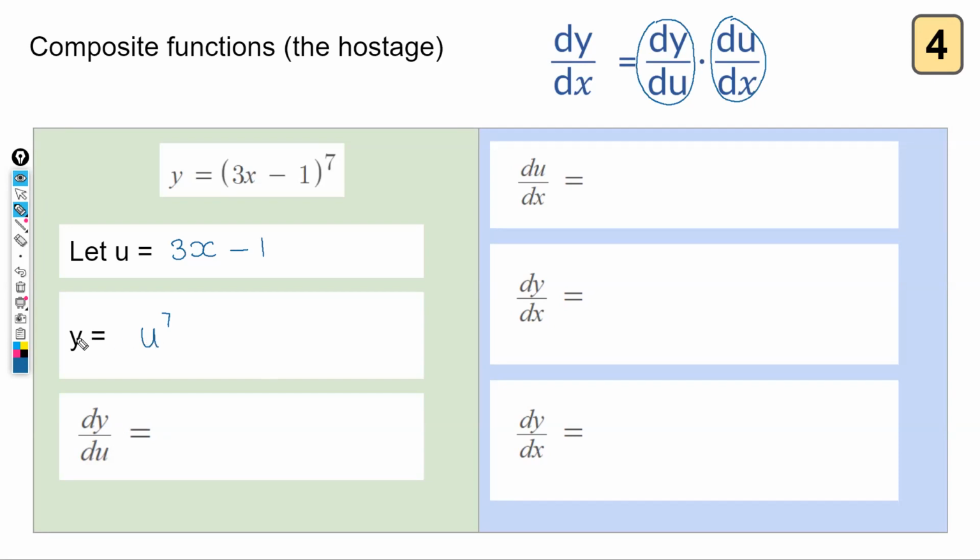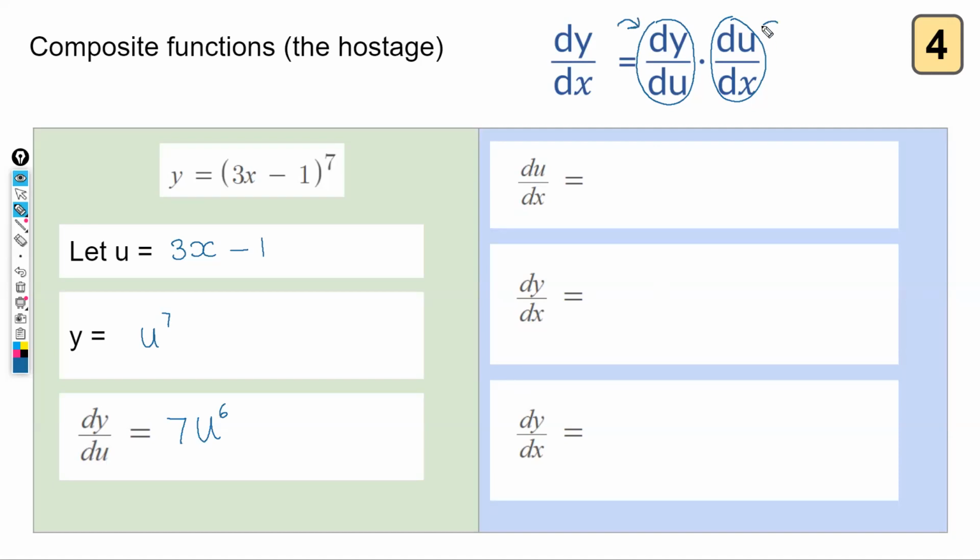But if the two letters are y and u, when we differentiate it, we will get dy/du instead. So let's differentiate this. Don't let the letter u get to you. Throw the power in front and minus 1 from the power to get 6. That is what we have so far. So we just found dy/du.